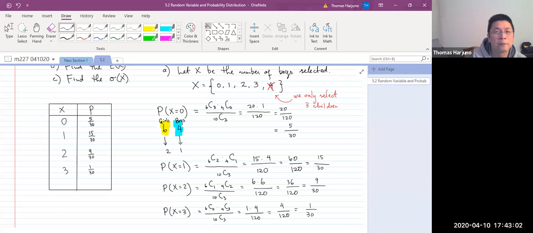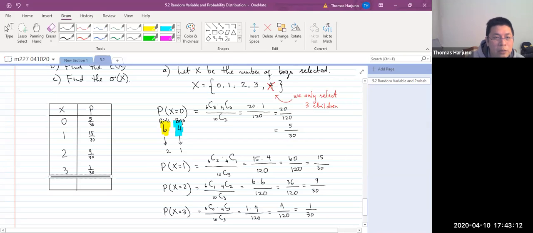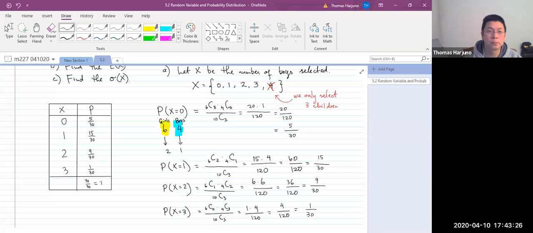Such that when I add them, just to check that you did everything correctly, you should get 30 over 30 because the total probability is supposed to be 1. Okay, that's for the probability distribution.